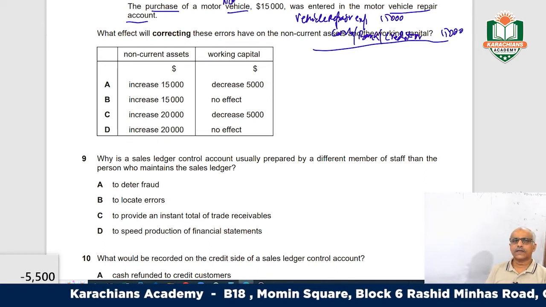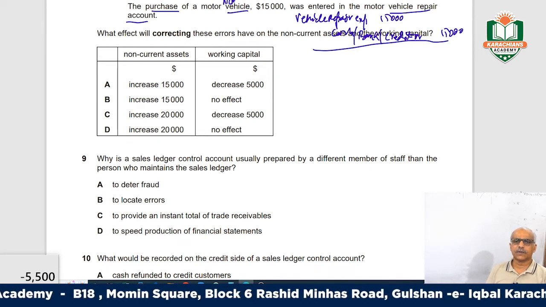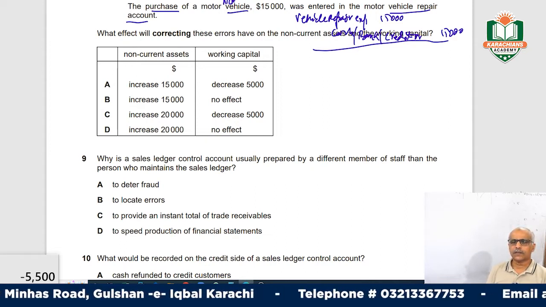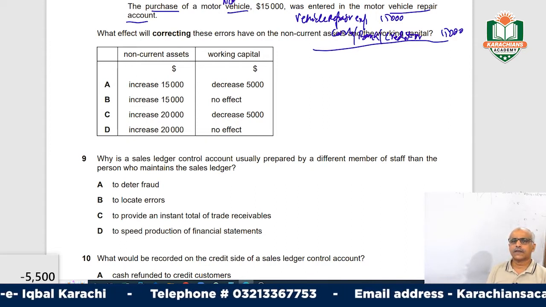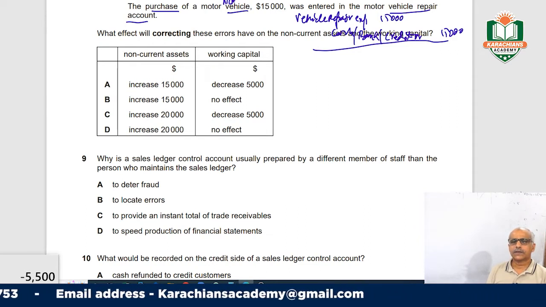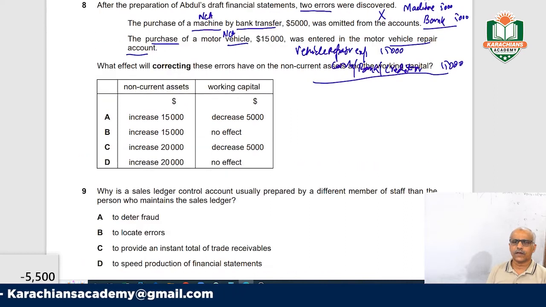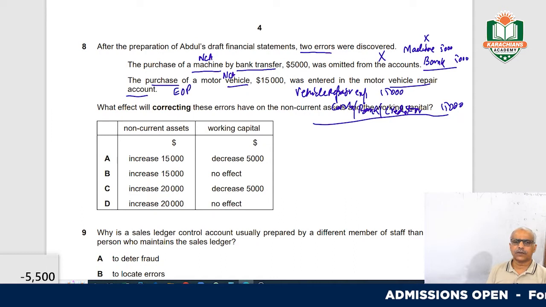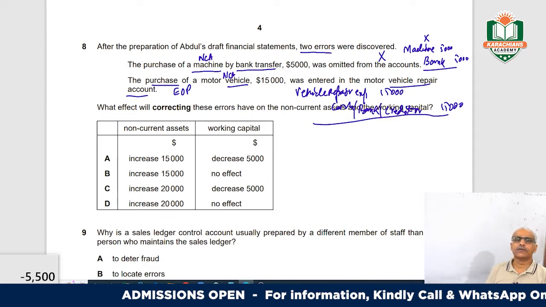So you recorded the credit side correctly, but on the other aspect, you were to record the vehicle account. This is a capital expense, your non-current asset. You recorded that as an expense. So this is an error of principle.